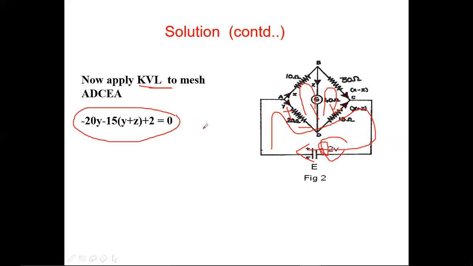From the battery, the leaving sign is positive 2, and for this the leaving sign is minus 20, and the branch current, what is the branch current?